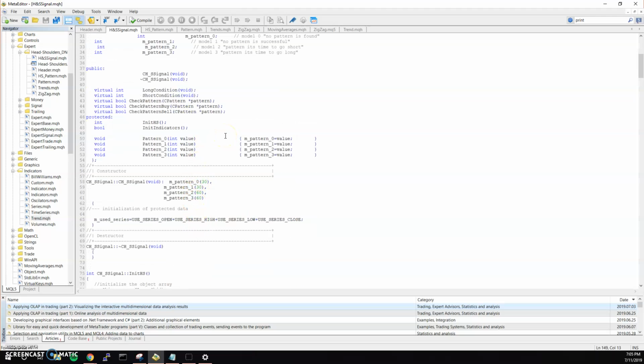I didn't set the values extremely high for this exact expert advisor. The reason I did that is because the head and shoulders is a very strong indicator, but it can be a gamble. It's not 100% accurate. It's really more of a gamble indicator. So I only set the values to 30 and 30 if we don't find a pattern, and 60 and 60 if there is a pattern.